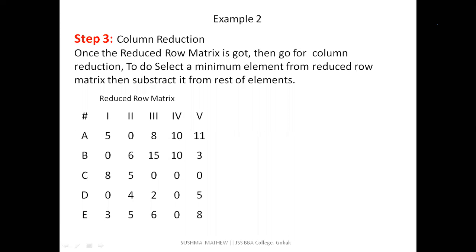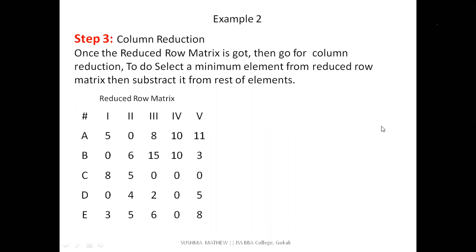D row has 2 zeros. Why are you checking 0 in row, Baba? I told you to check in column. First column, second column, third. Vertical, not horizontal, vertical.